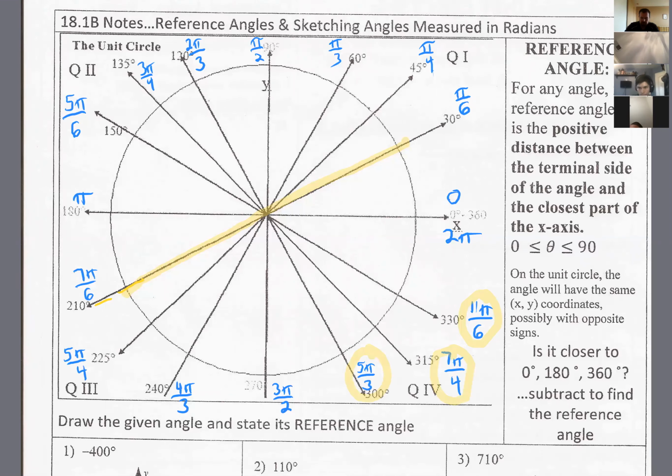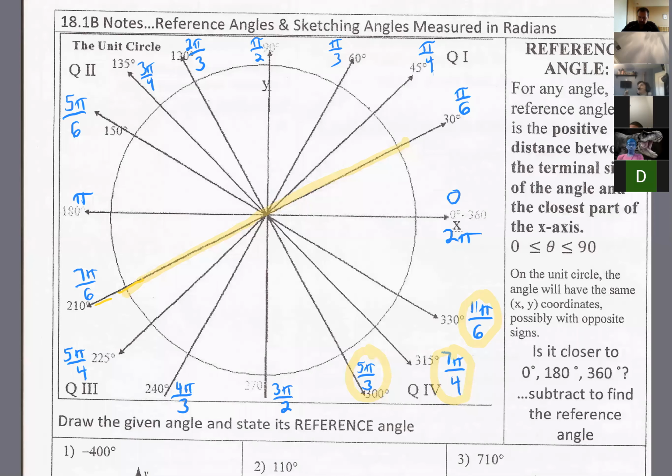I want to talk about reference angles. So this is what we're going to be spending the rest of the lesson for 18.1 talking about reference angles. So a reference angle, a couple things you should know about a reference angle.